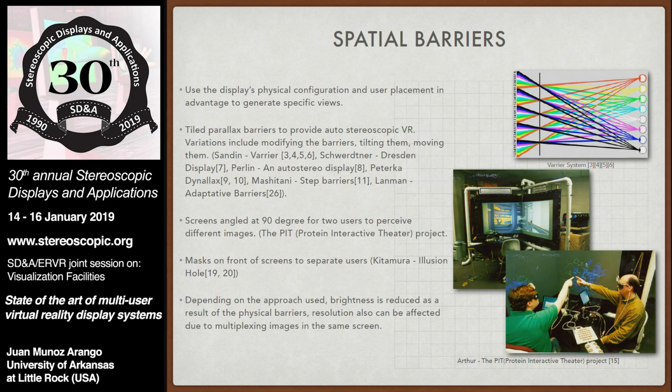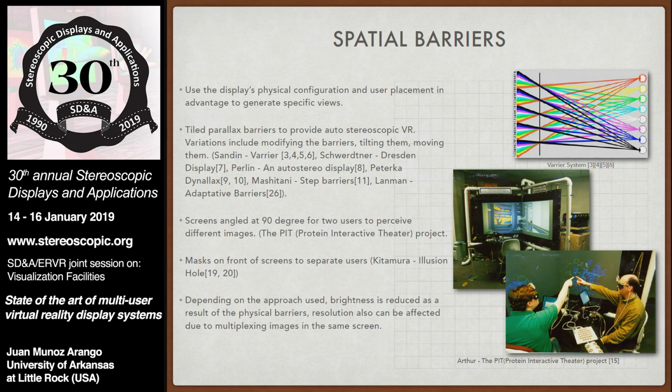So spatial barriers. Spatial barriers is one of the approaches, and they use the display's physical configuration to advantage to separate users. For example, Sandin's barrier system uses parallax barriers to separate users, and they do camera tracking to track where each of the persons is.